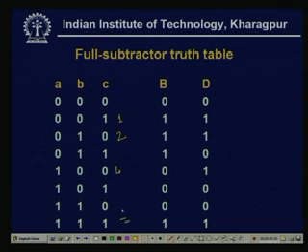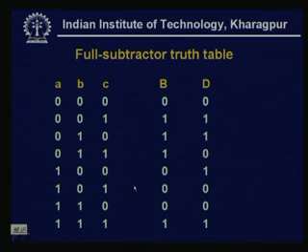So, 1, 2, 4, 7 are the decimal minterms.